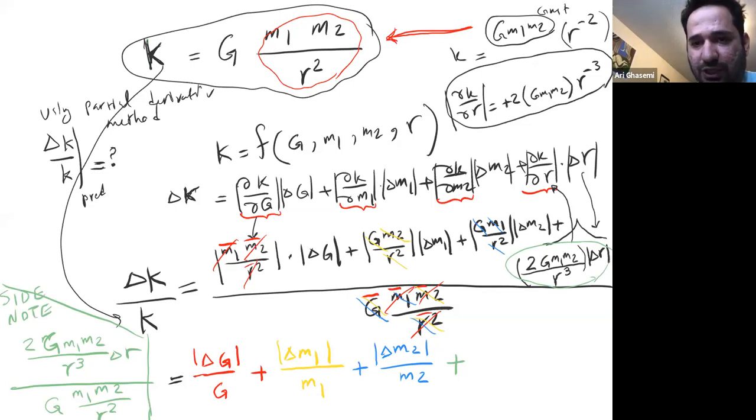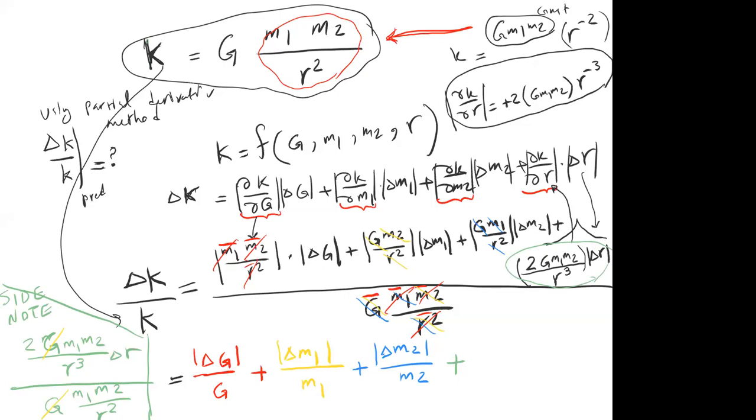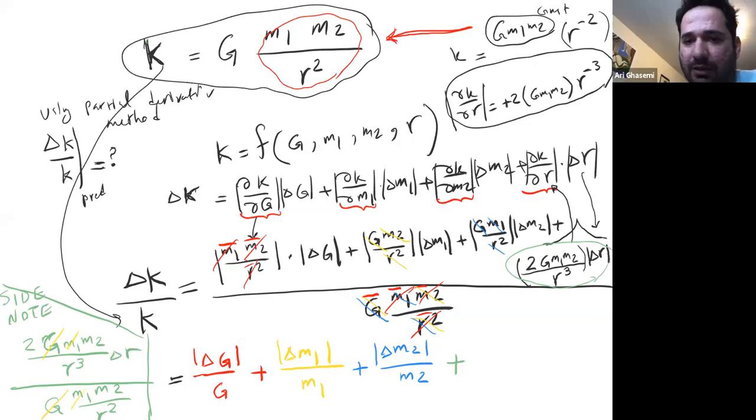Well, G obviously is going to cancel. That's right, 2 over R. 2 divided by R, you see this cancels out with this. G cancels with G, M1 goes away, M2 goes away.